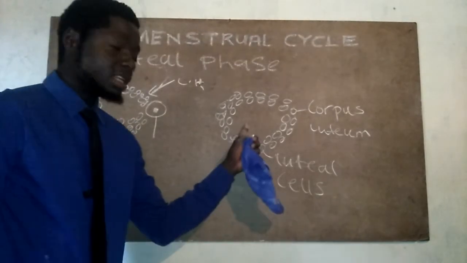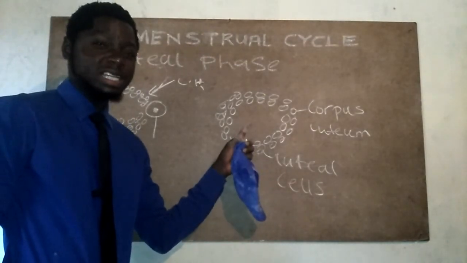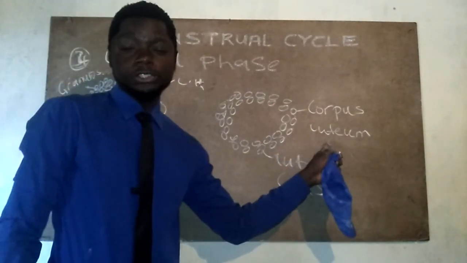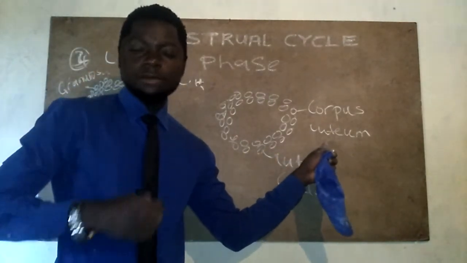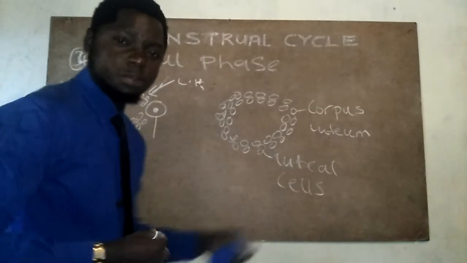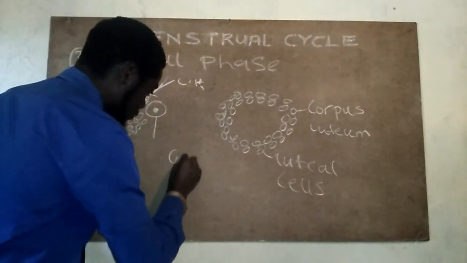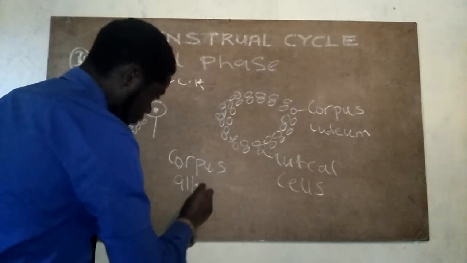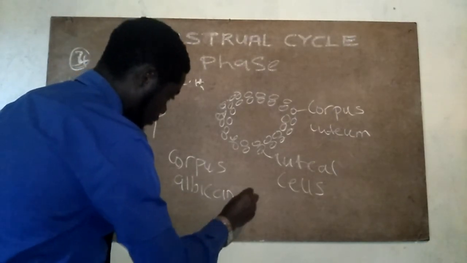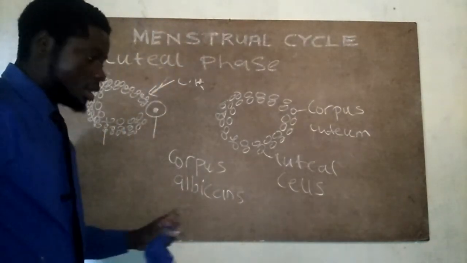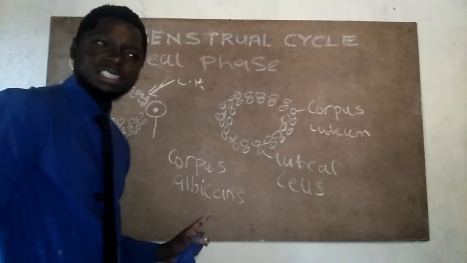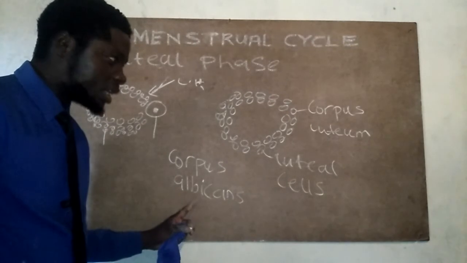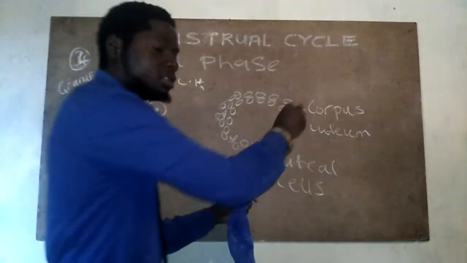But what happens is that if the egg does not get fertilized, then the corpus luteum will change its nature into a non-functional structure called the corpus albicans. The corpus albicans is non-functional, so it will no longer produce progesterone.